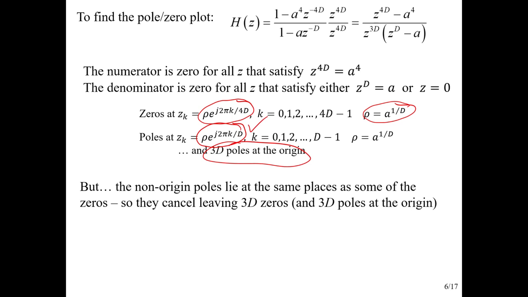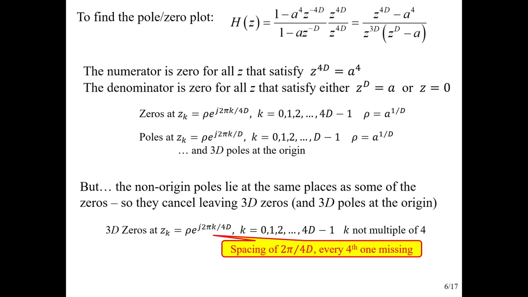Turns out that these fall at some of the same places that those zeros do, and they end up canceling. And so all the poles that this formulation seems to show that are not at the origin end up canceling with zeros.